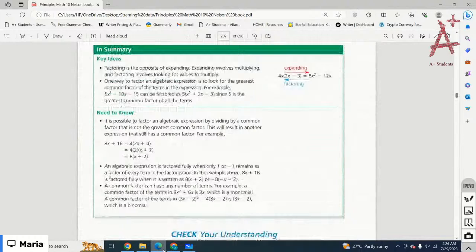You did this in 2 steps. You can either do it in 1 step, right? So an algebraic expression is factored fully when only 1 or negative 1 remains as the factor of every term in the factorization. In the example above, 8x plus 16 is fully factored when it is written as 8 times x plus 2.